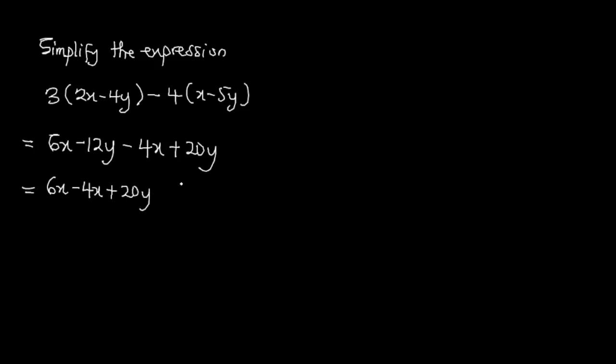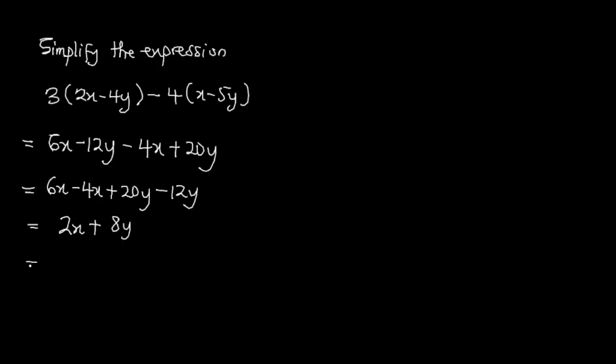For easy arithmetic, I decided to write the 20y first. Then I will now write the negative 12y, so it becomes minus 12y. So from here, it is pretty easy and straightforward for you to just go ahead and solve. So you have 6x minus 4x, that will give us 2x. Then plus, you have 20y minus 12y, that will give us 8y. So this becomes our answer.